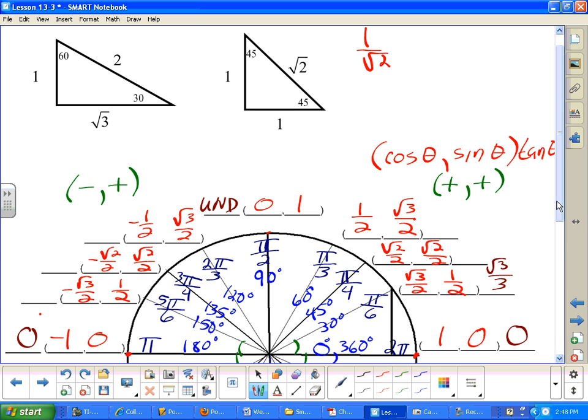At 45, we get 1 over 1, which is 1. And at 60, square root of 3 over 1, which is the square root of 3.